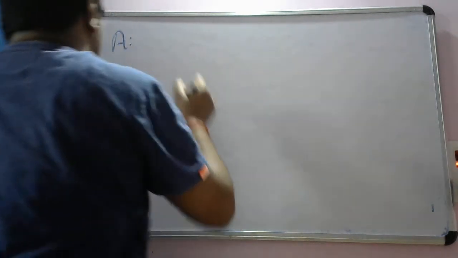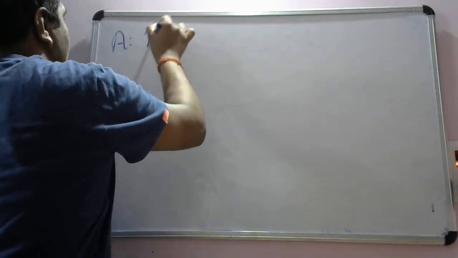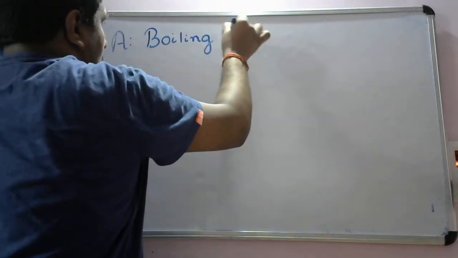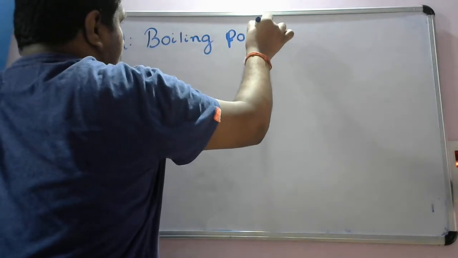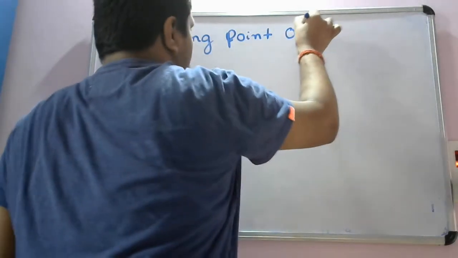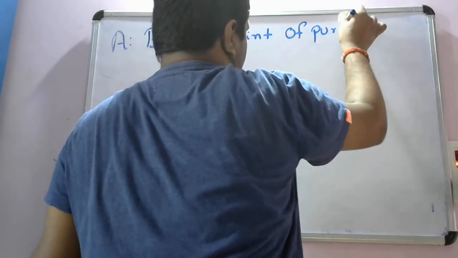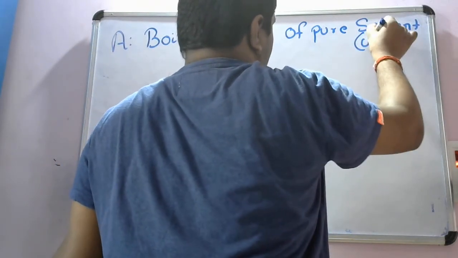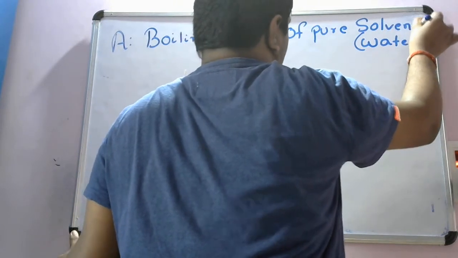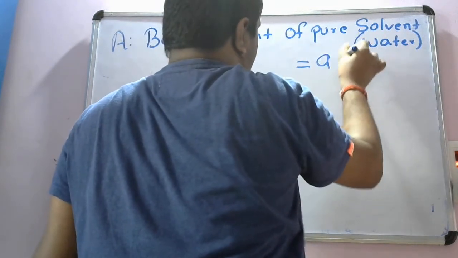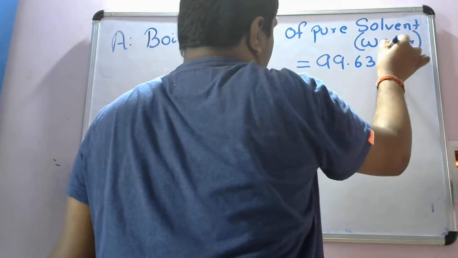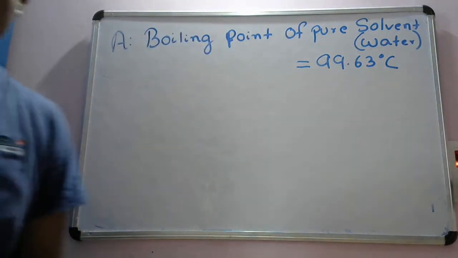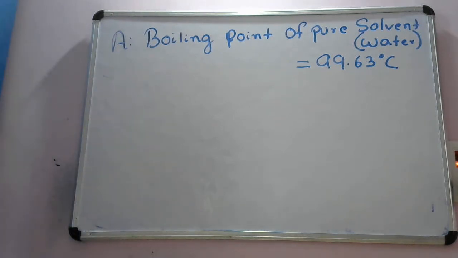The boiling point of pure water, or pure solvent, the solvent here being water, is already given to us as 99.63 degrees Celsius. This data is given to us in the first statement itself.